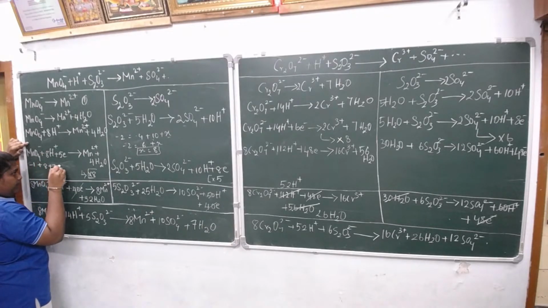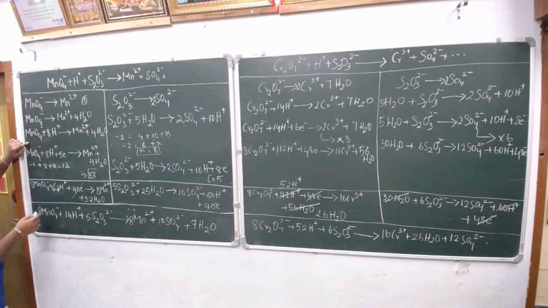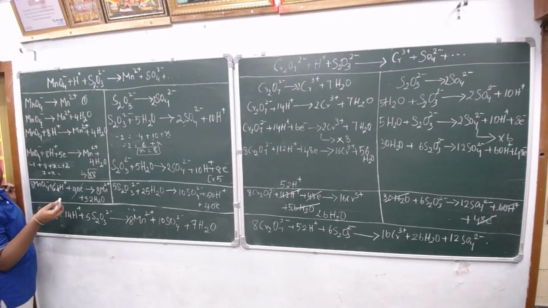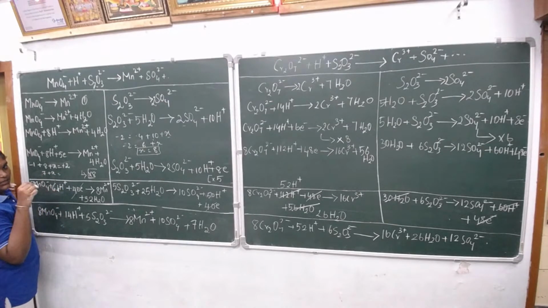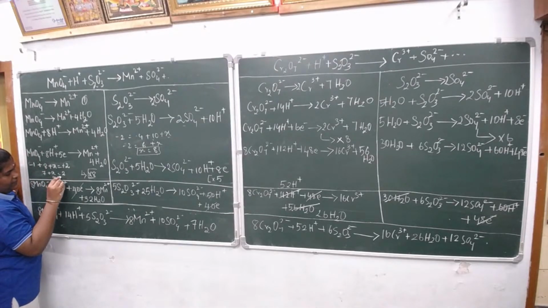Because X is the number of electrons to be added, in this case on the left side. Why the left side? Because electronation is reduction. Therefore the X value is 5.